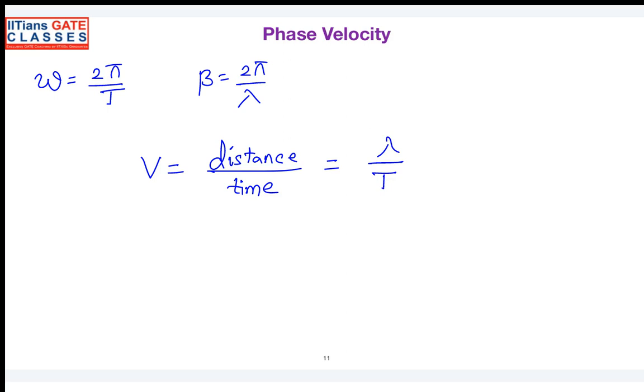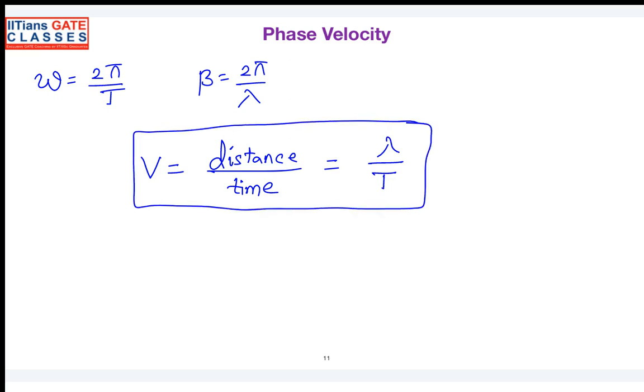Can I define the velocity in the medium by the ratio of one wavelength divided by one time period? Yes, because distance corresponds to lambda and the time corresponds to capital T. In both lambda and T, the signal has undergone a shift of 2 pi radians. So if I want to define my velocity, I can define it simply as the ratio of lambda by T.